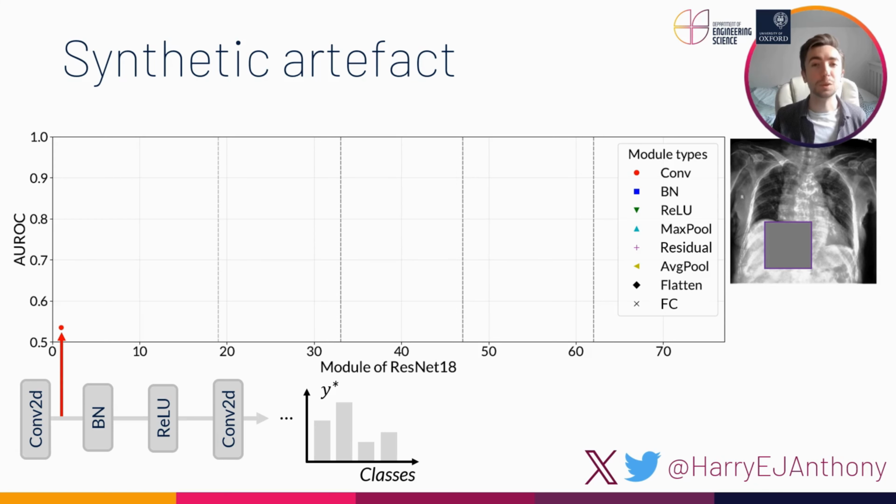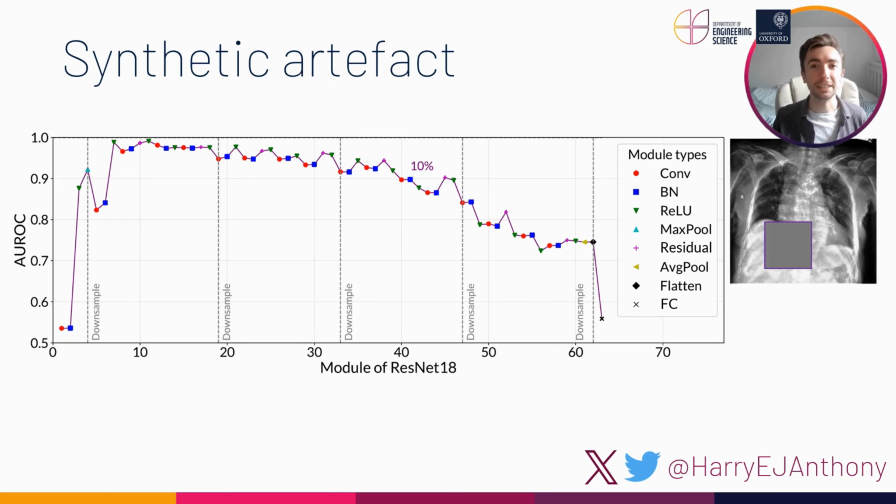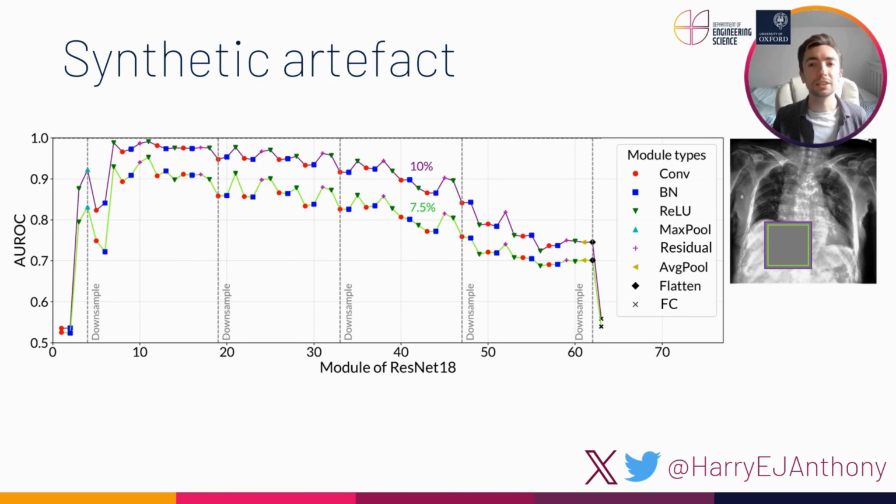We then repeated this for all the modules in ResNet 18. Looking at the results, we see the pattern that the detectability of the grey square reduces throughout the depth of the network, where here the grey dotted lines represent downsample operations. We then repeated this for squares of size 7.5% and squares of size 5%.